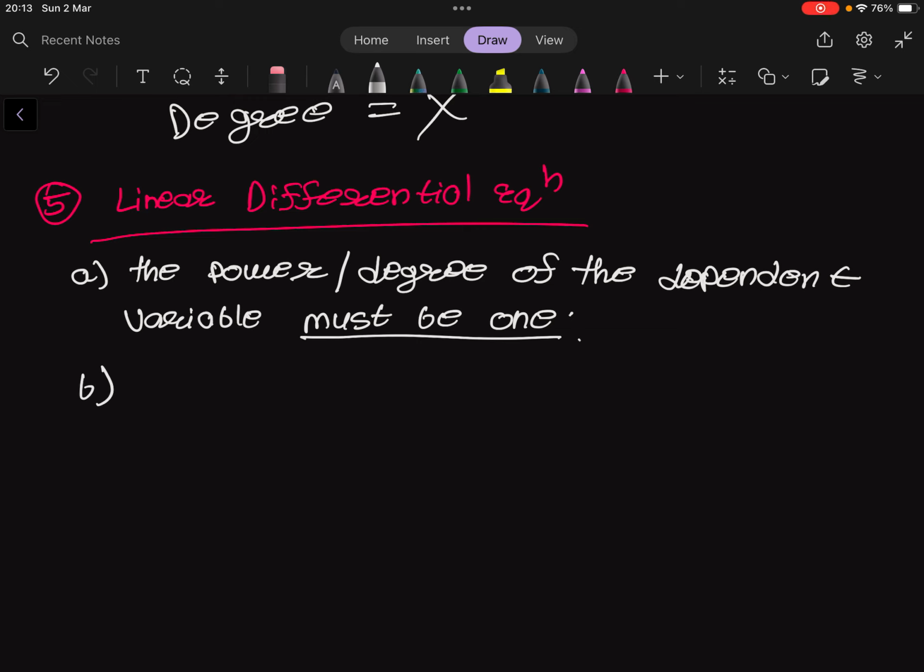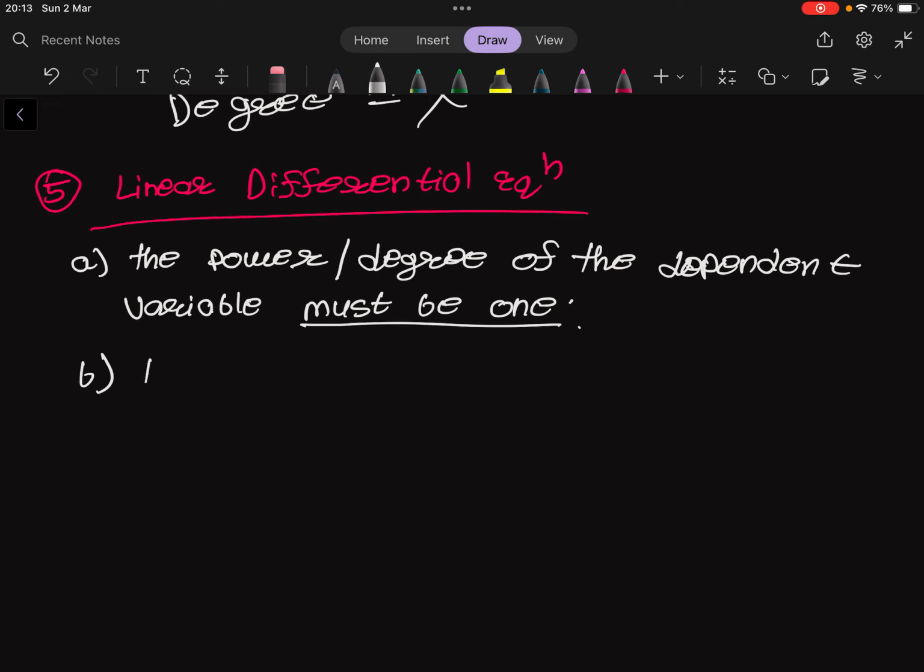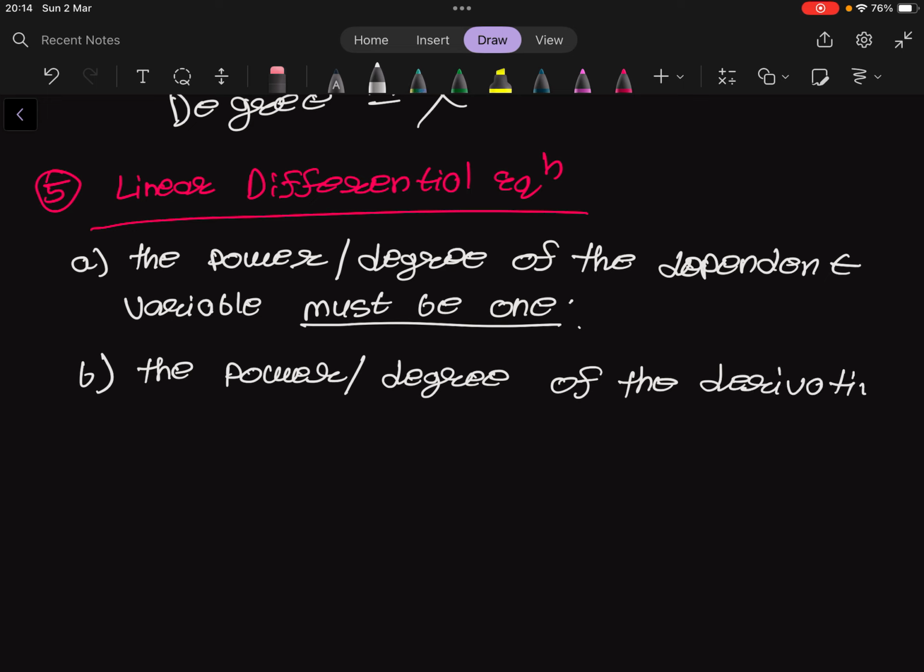The second criterion is the power or degree of the derivatives of the dependent variable must be 1.